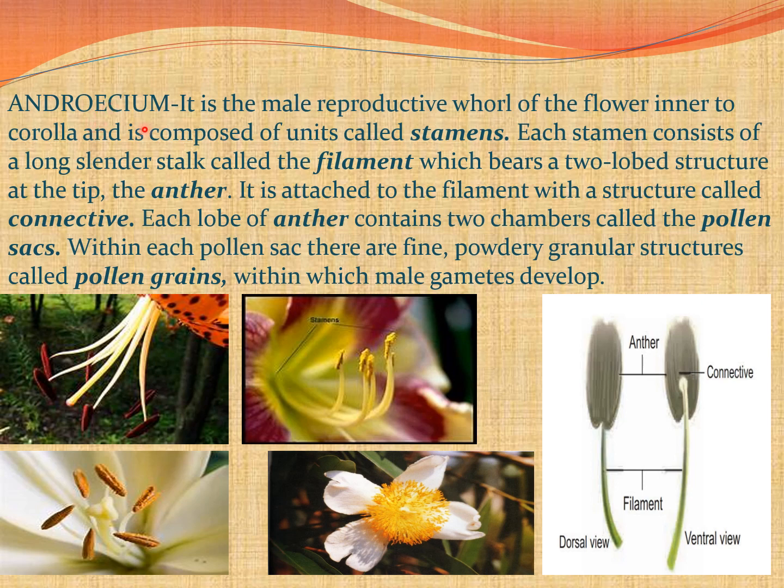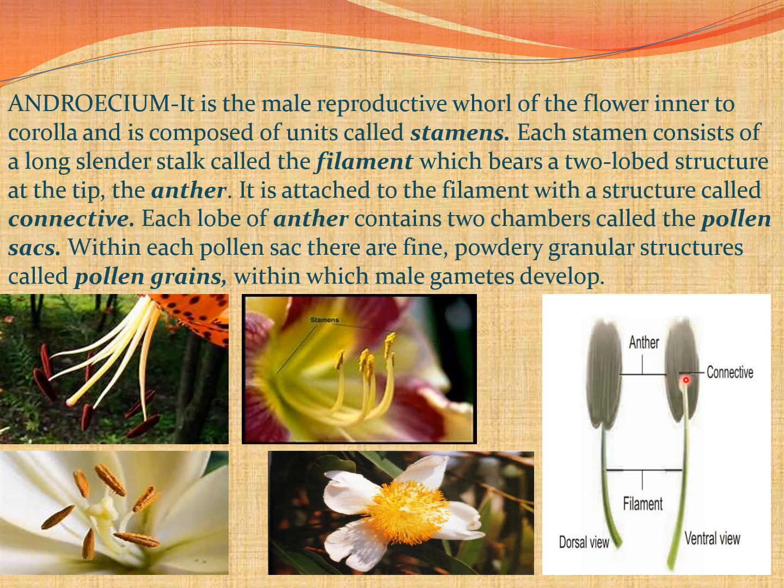The third whorl of the flower is the androecium. Androecium is a collection of stamens. That means the units of androecium are stamens. It is the male reproductive whorl of the flower. Now, each stamen consists of a stalk called the filament and a lobe called the anther.